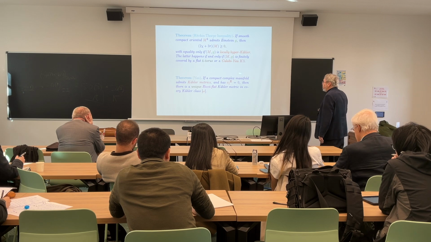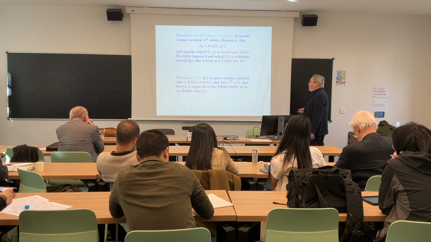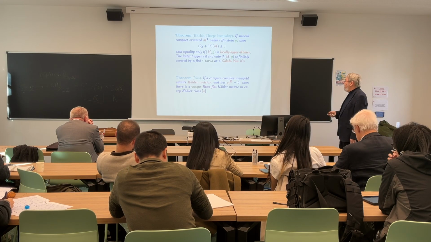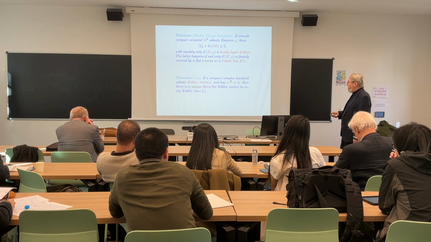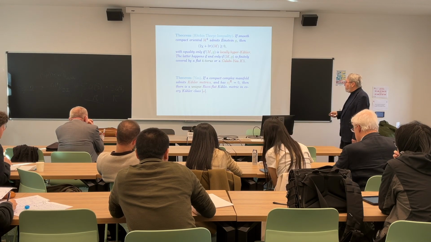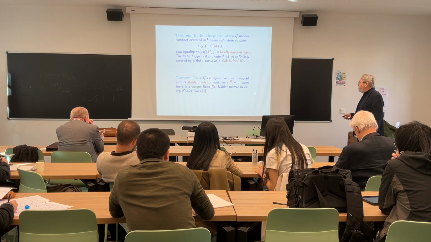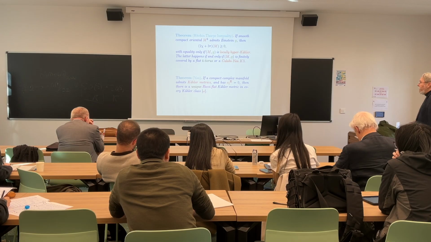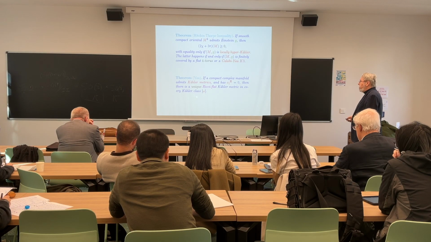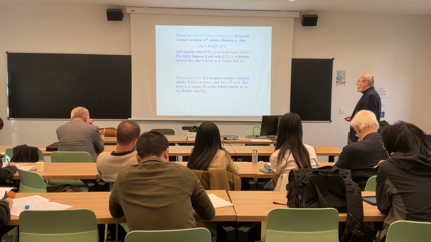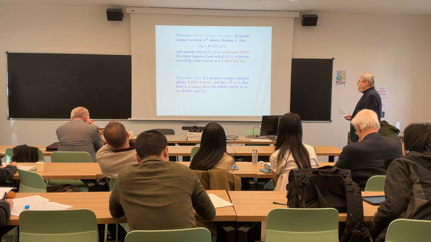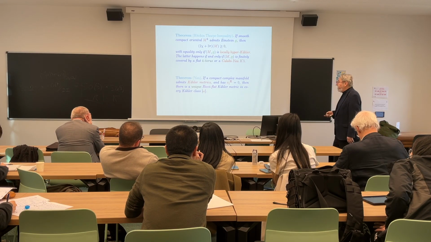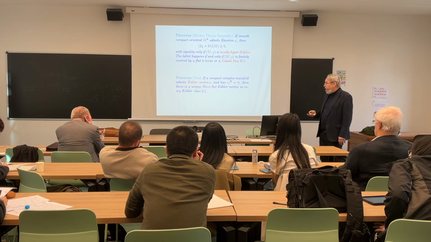Yau showed in the late 1970s that if you have a compact complex manifold of Kähler type, so it admits any Kähler metrics, and if it has first Chern class 0, and here you don't even need first Chern class 0 in integer cohomology, it's good enough for it to be 0 in real cohomology, so c1 could be a torsion class, then every Kähler class contains a unique Kähler metric that is Ricci flat.